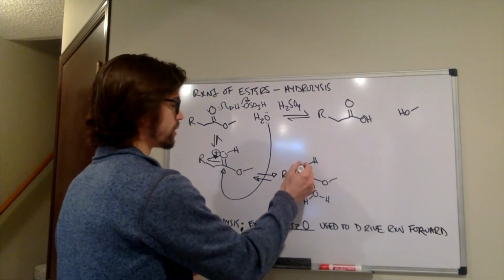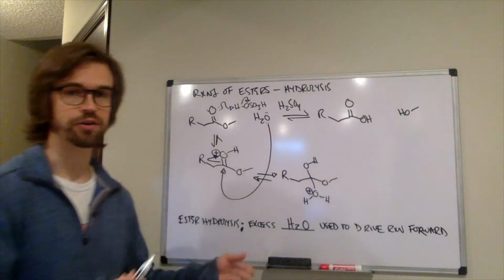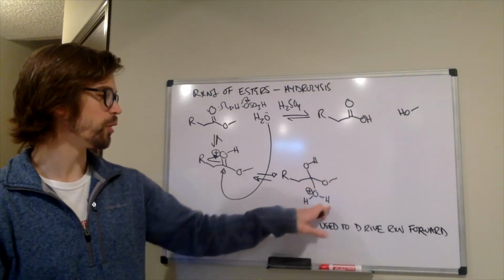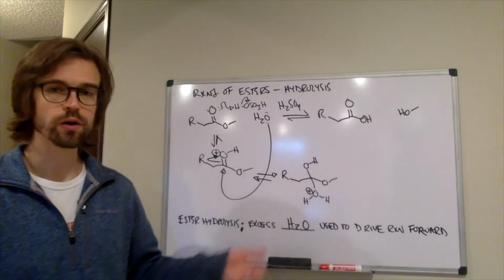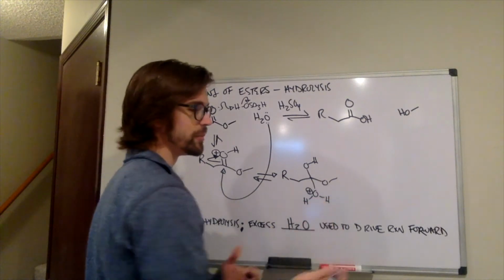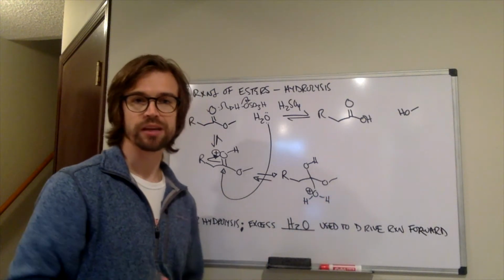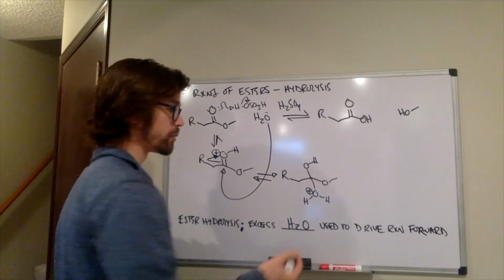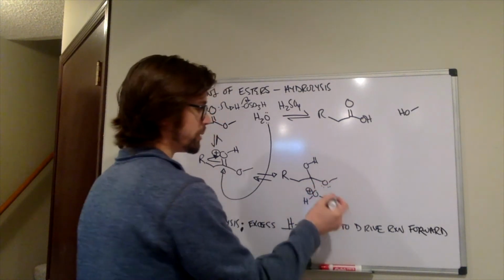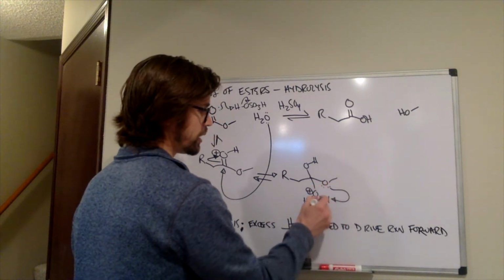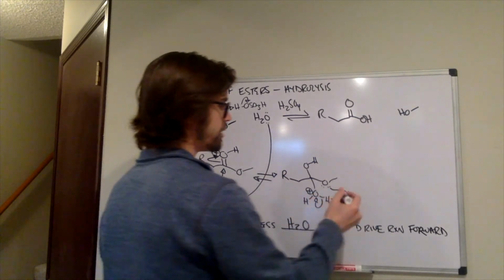If these electrons collapse back down, forming the tetrahedral intermediate, the best leaving group at this point would be the OH2. But that hydrogen can be transferred to any oxygen really that it comes into contact with. One of those oxygens would be the oxygen that is right next to it. So we could transfer the hydrogen there.